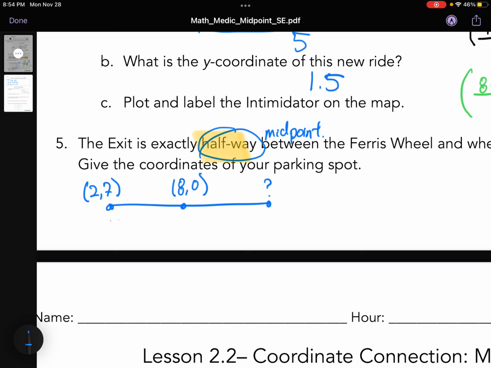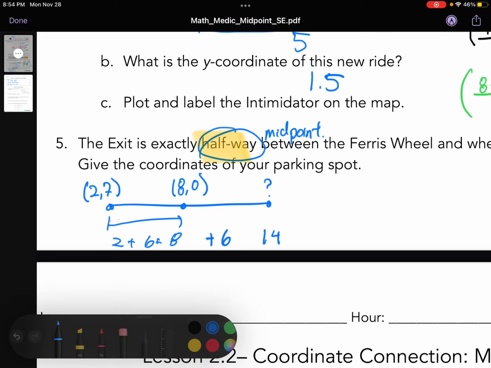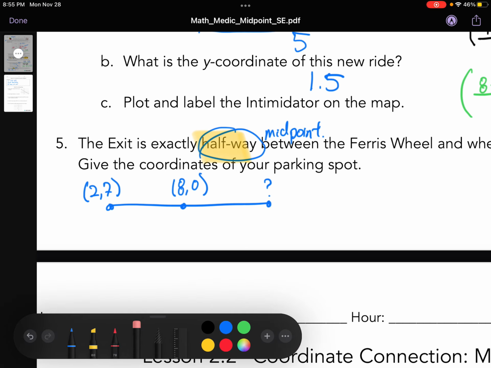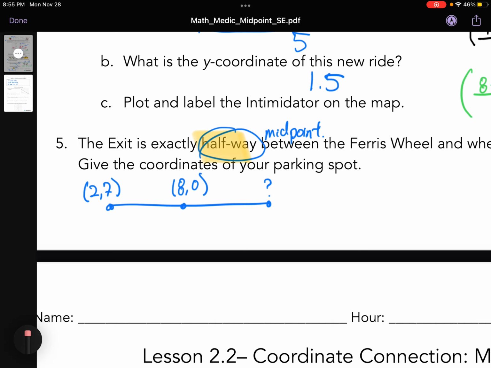Remember, the midpoint is halfway, so the distance from 2 to 8 is you need to add 6. So guess what? You add 6 again to the middle number, and you get 14. Let me do that one more time. Step number 1, let's find the x value of our coordinates.